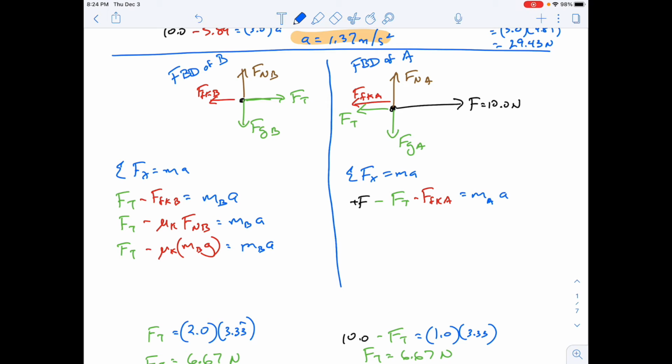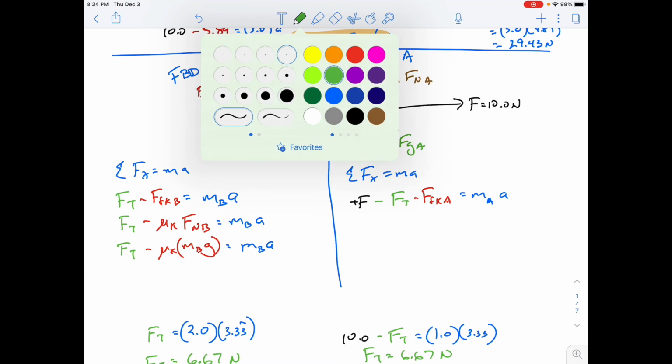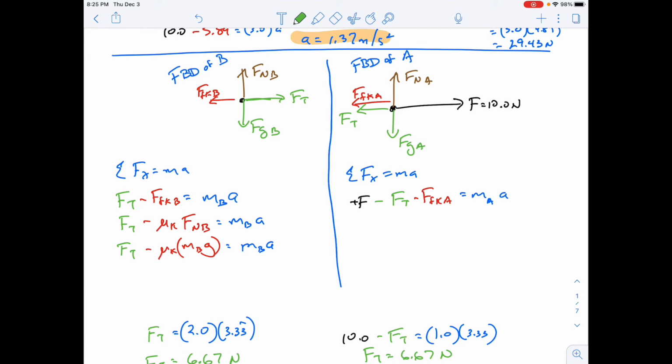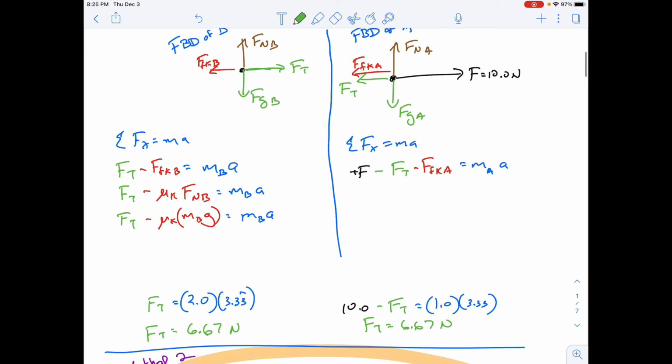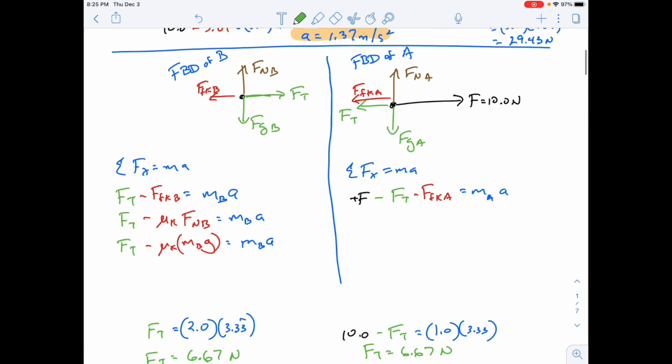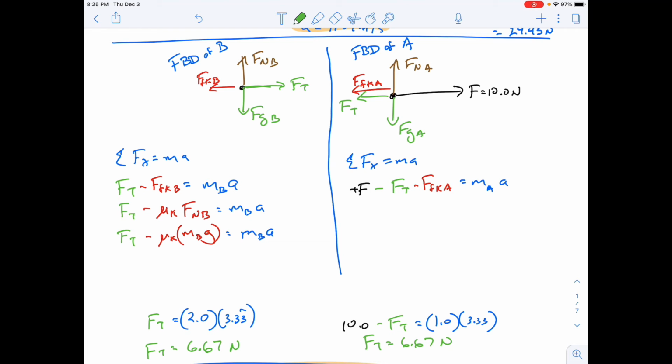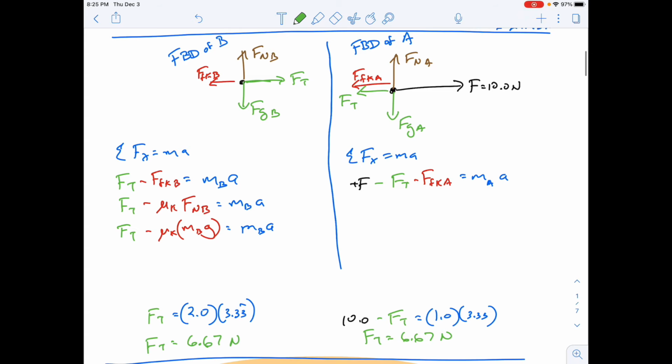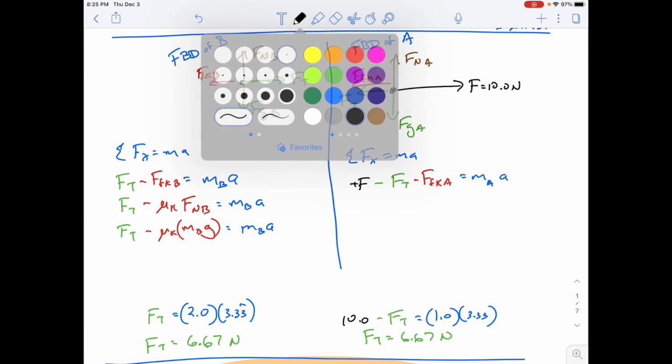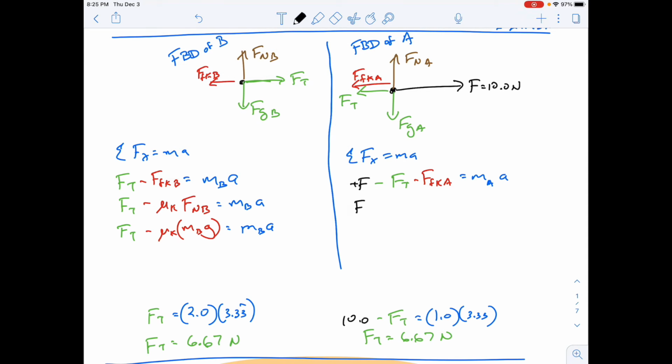And then I can even plug in numbers. We can do the following. Now, again, we're going to pretend that we didn't know. I'm sorry. So we can plug in numbers. But I'm going to stop here for a second because we can solve this now. If we know the acceleration of the system, we can solve this here. I'm going to do the same thing for A. Same thing.